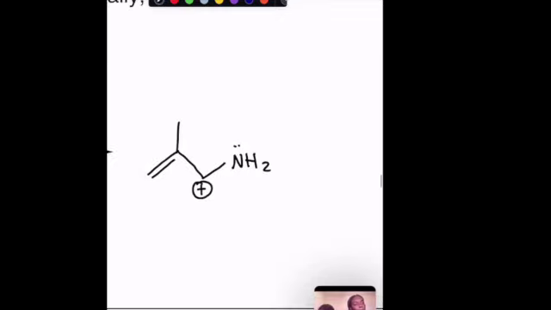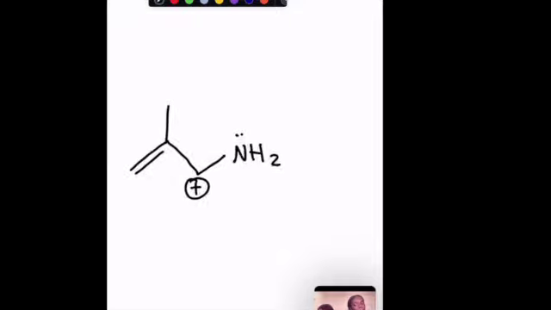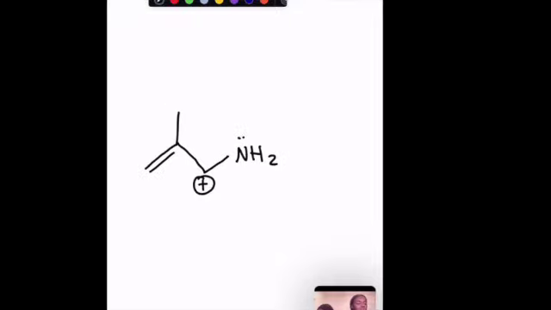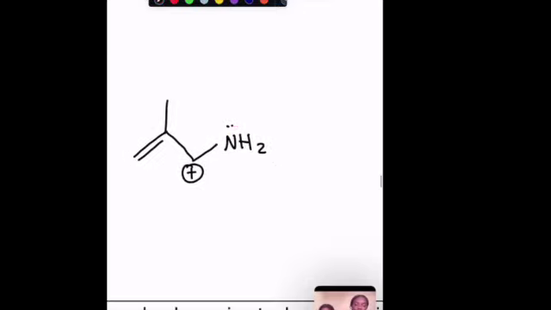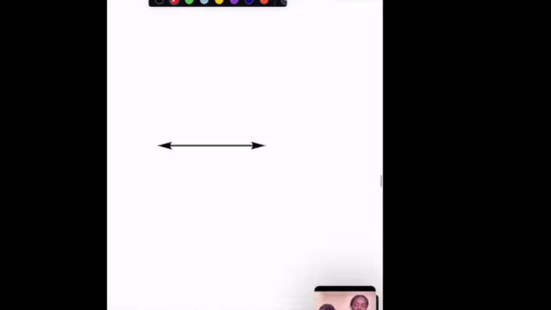Then, what do we see? Remember, there's delocalization in this structure. We already did that door hinge. We can see that there are lone pairs right here. So what can we do in that case? We're going to just make a double bond right here. That will look like so.